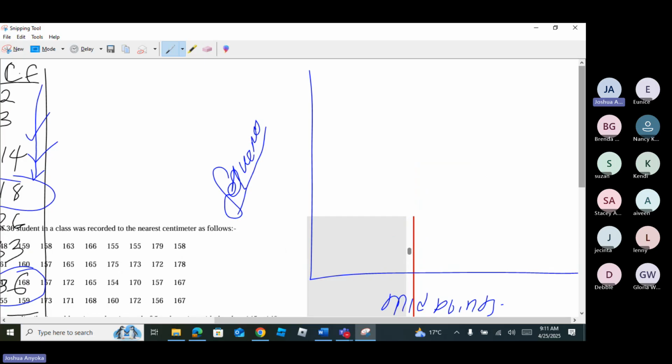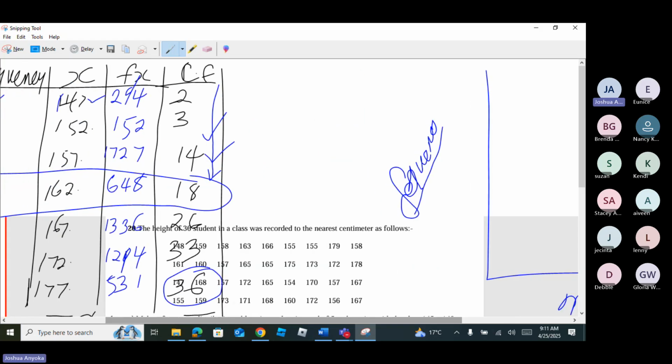And in this case, the class interval is uniform. So we need the midpoints, which we have: 147, 152 as such.